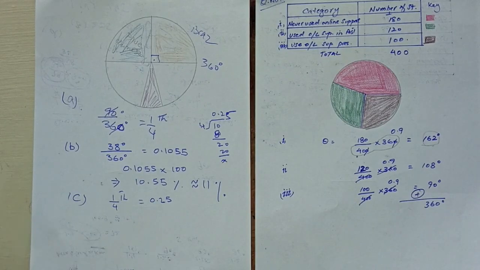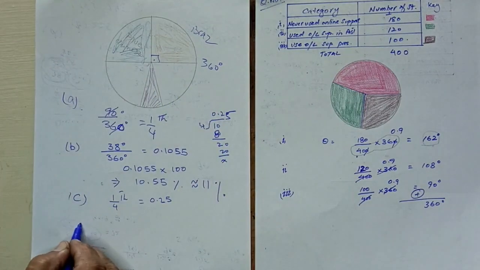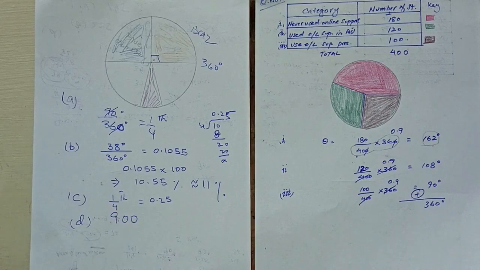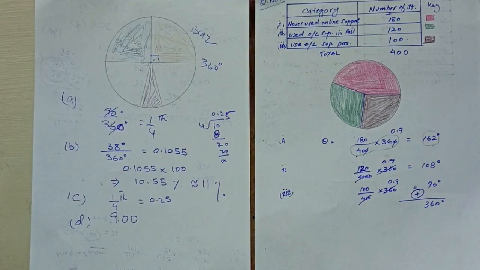So this is in the decimal fraction. Now for part D, if there are 900 students, it tells you that the total population of the students is 900.